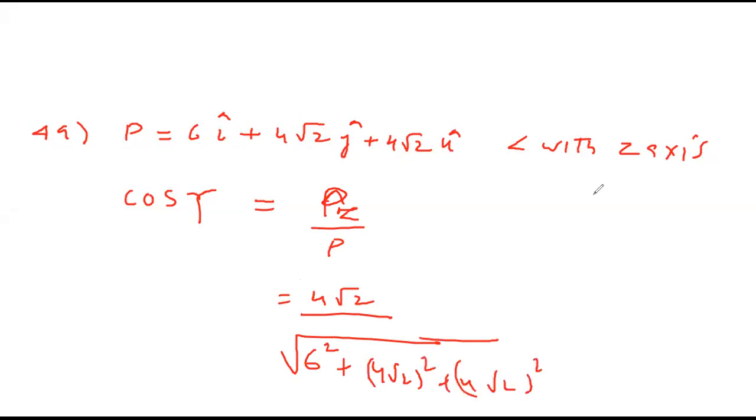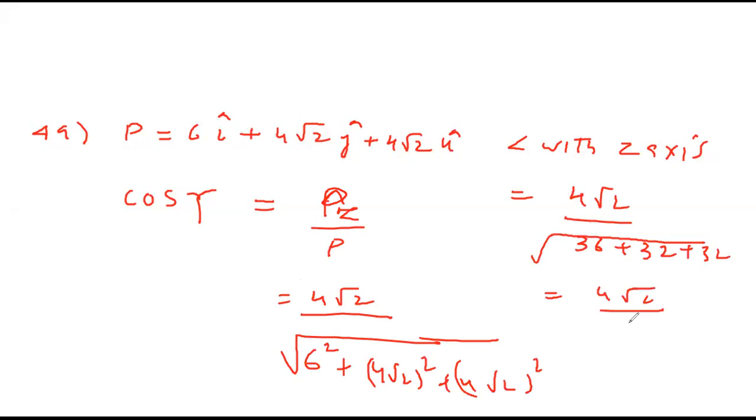So it will become 4 root 2 upon root of 6 square 36 plus 32 plus 32, that is 100. So that is 4 root 2 upon 10, 2 into 2, 4, 2 5s are 10.